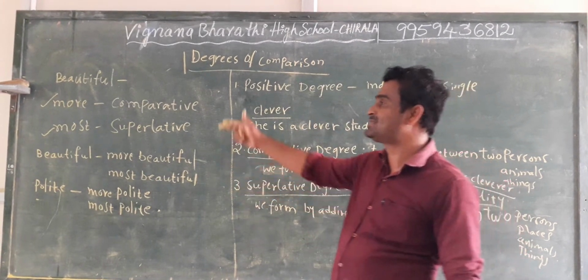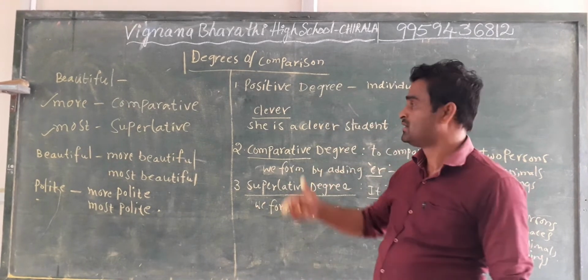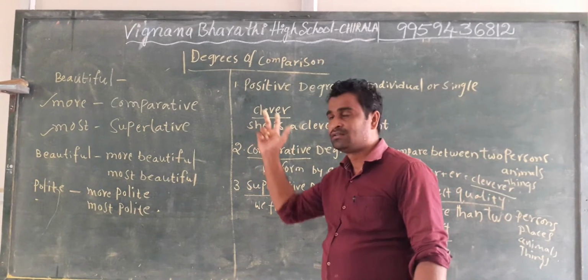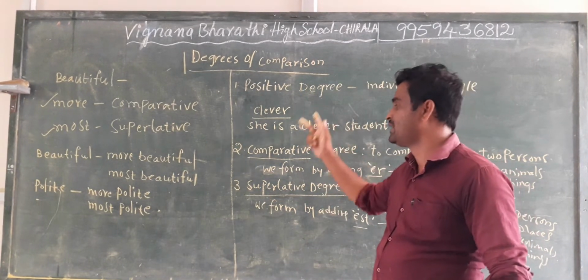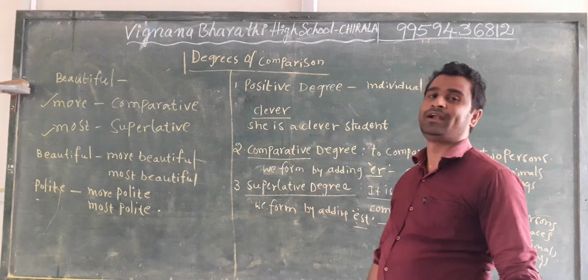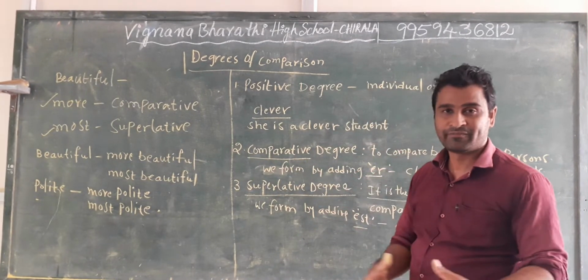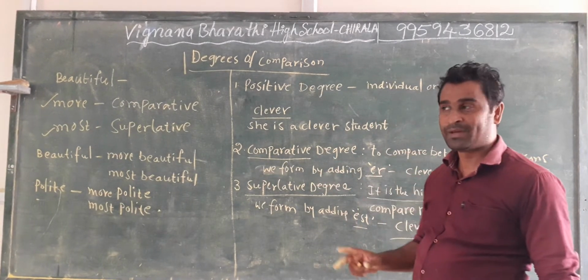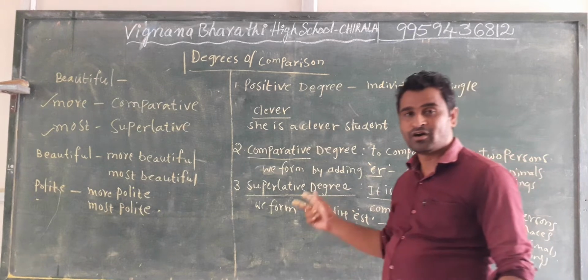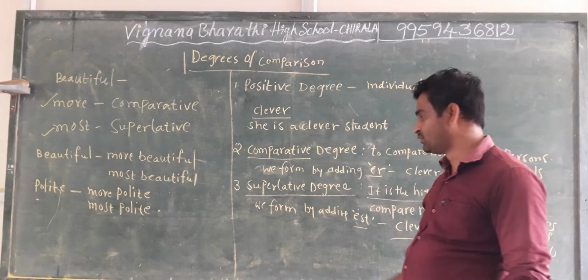Also know the meaning of degree. Degree means it is an extension of something. There are 3 degrees while we compare: positive degree, comparative degree, superlative degree. Positive degree is used to refer to a single person's quality. Comparative degree is used to compare between two persons, and we form it by adding er to the adjective.